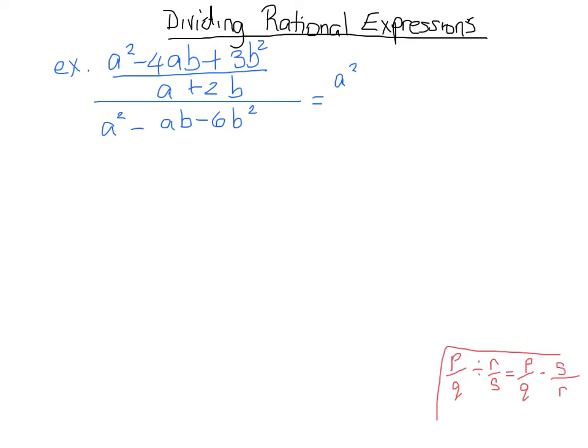So a squared minus 4ab plus 3b squared over a plus 2b divided by a squared minus ab minus 6b squared. Okay, great. So that's really all that's saying.